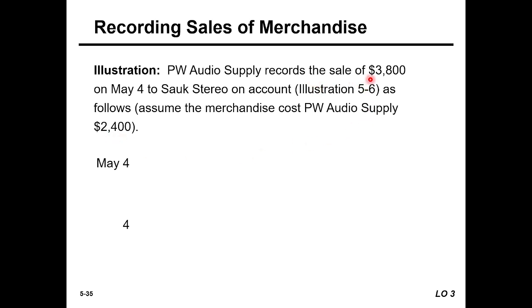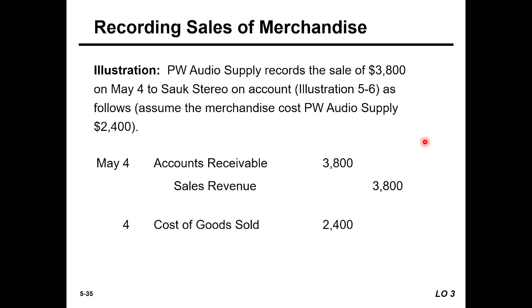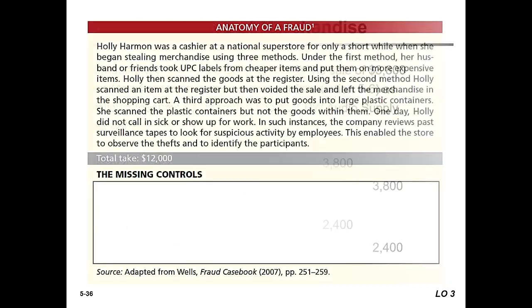So this is our sales revenue and this is our inventory; the inventory is reducing here. Accounts receivable debit, that means this is a credit sale or on-account sale, and sales revenue credit. Revenue is always credit according to debit and credit procedures. And this is cost of goods sold debit and inventory credit.